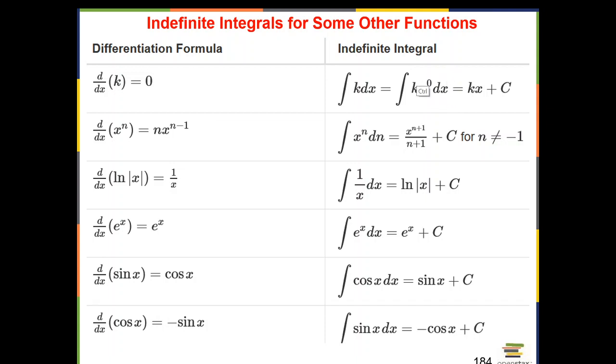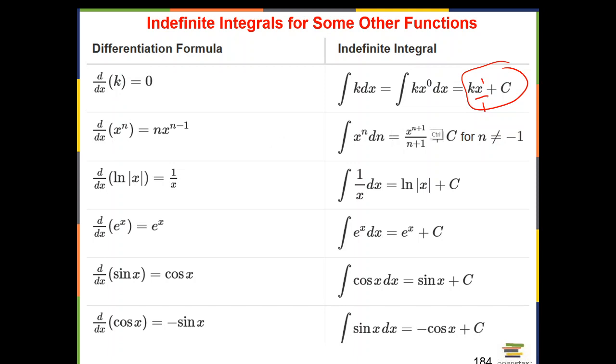What's the formula? Take 0, add 1 to it, so we get 1, and then divide by 1. And k is there, so we keep it. We can bring it outside of the indefinite integral symbol. So we get kx plus c. The antiderivative of a constant is kx plus c. And when you take the derivative of this, you get k, right?